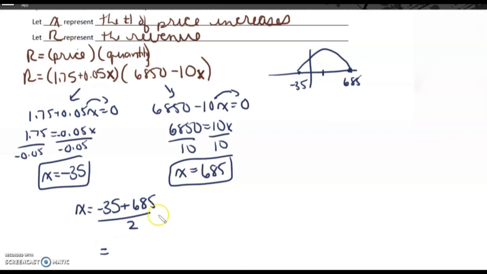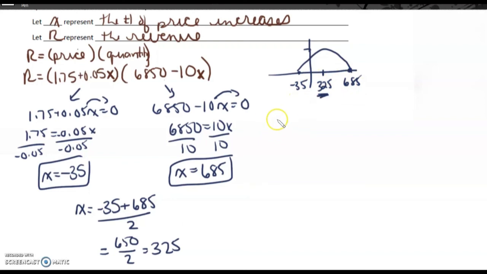So it's 650 over 2, which is 325. Okay, so that's our x value for our vertex.